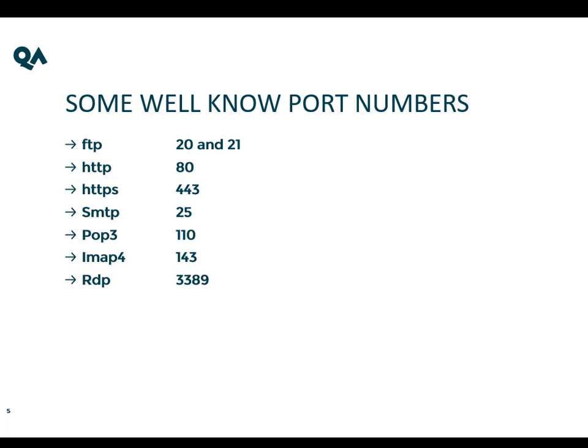SMTP, our Simple Mail Transfer Protocol, port 25. POP3, Post Office Protocol, generally used for receiving email, port 110. IMAP4, Internet Message Access Protocol, is 143. And then we have RDP, our Remote Desktop Protocol, which a few of you may be using for doing remote sessions on a server, for example. That's going to be on port 3389.